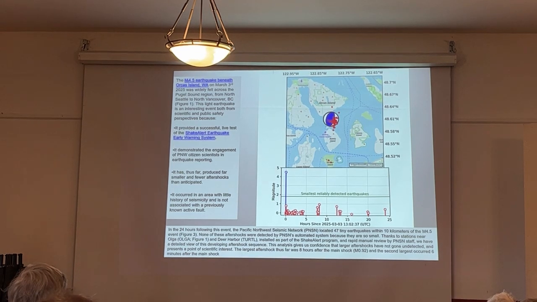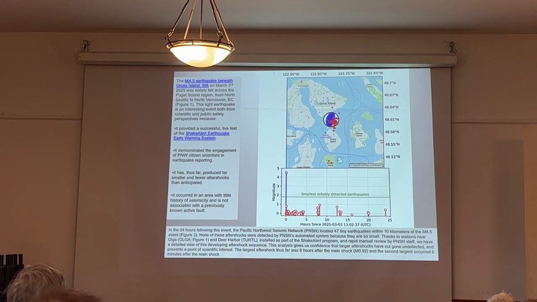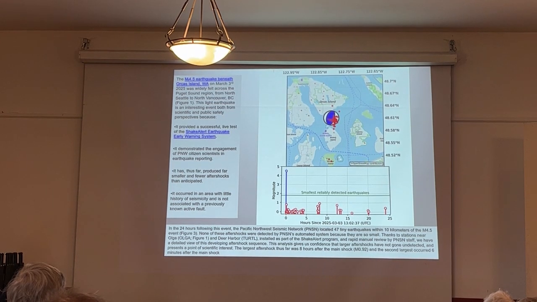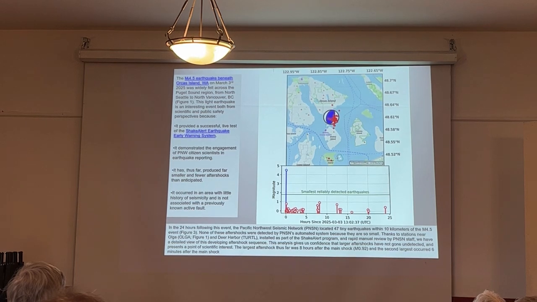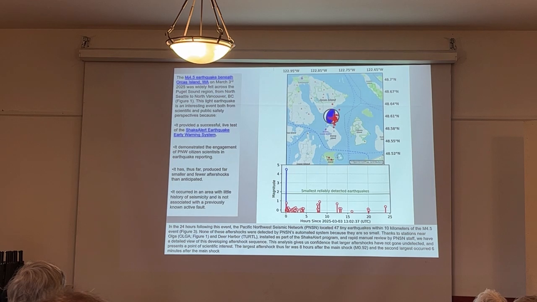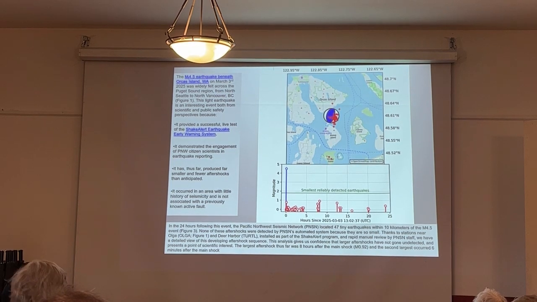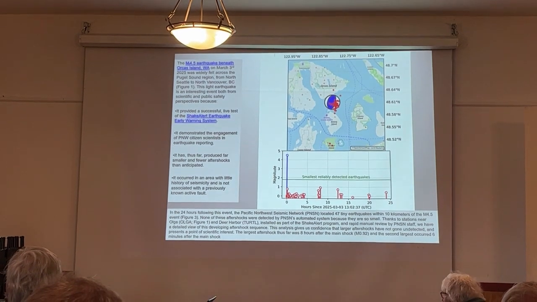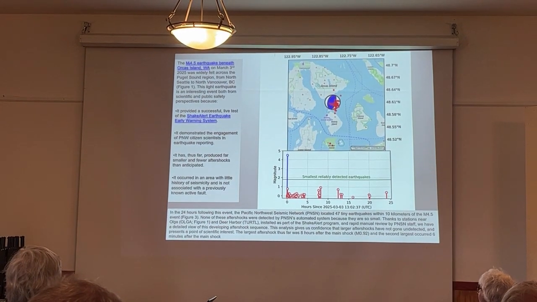Okay, now we go to the big Whidbey Island fault here. And the map up there shows where it is. The interesting thing that the Pacific Northwest Seismic Network saw was a whole bunch of very small aftershocks. That's not typical.